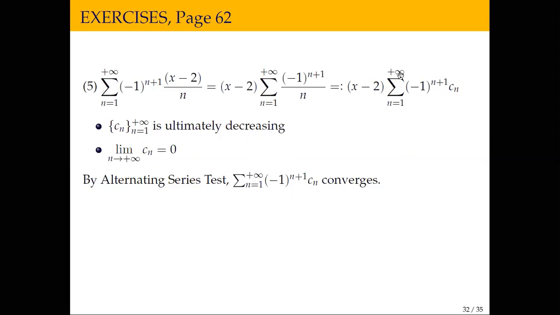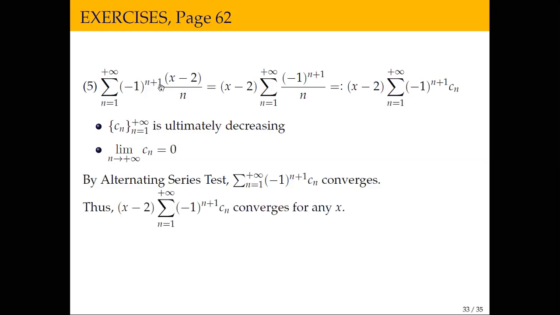Ngayon, ang ibig niya lang sabihin, if you consider any value for x, yung x minus 2, real number pa rin siya. So if you multiply any real number to an infinite series that is convergent, yung resulting infinite series mo ay convergent na rin.